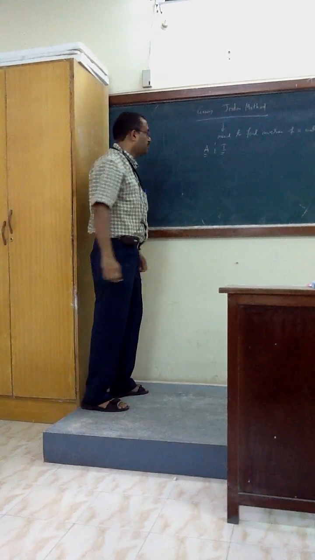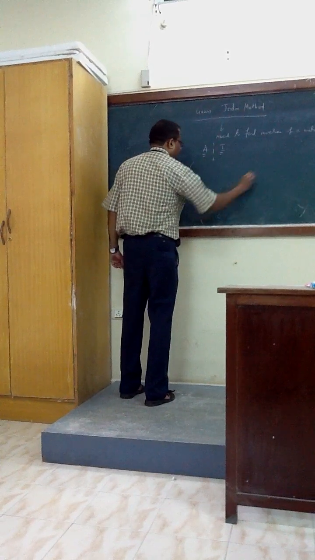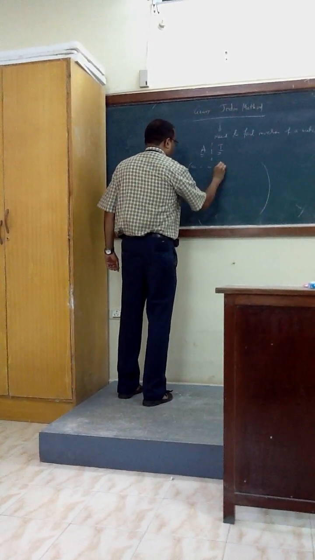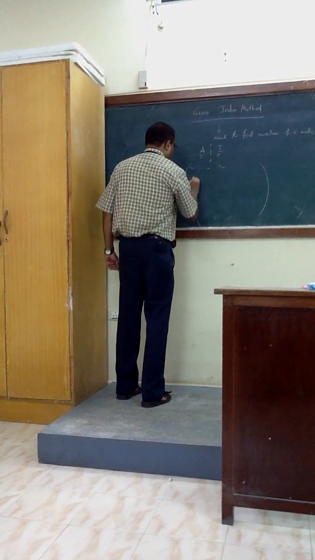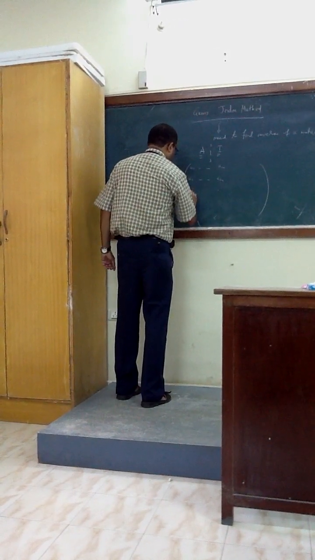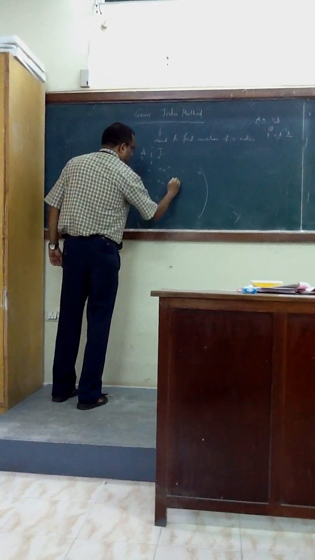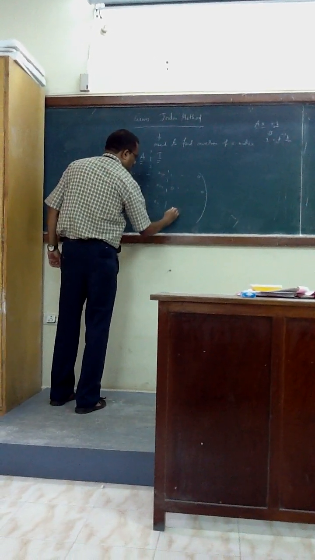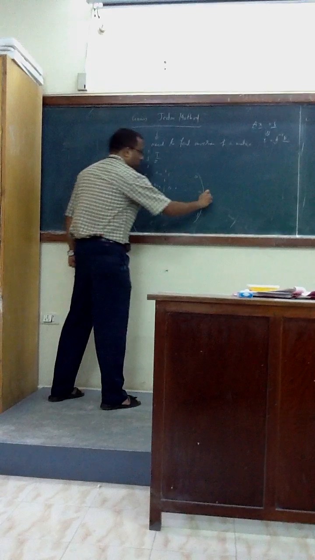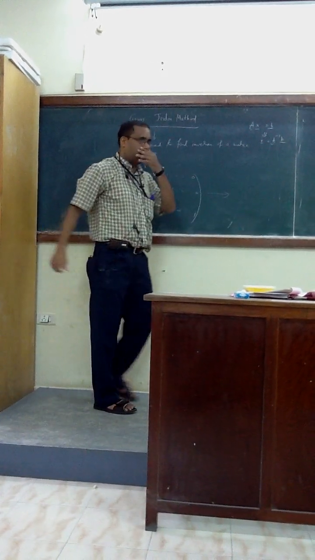Then what do you do? With A, I, you have A11 to A1n, A21 to A2n, AN1 to ANN, and 1, 0, 0, 1, 0, and 0, 0, 1. Next step, I will not discuss here because this method is not useful.